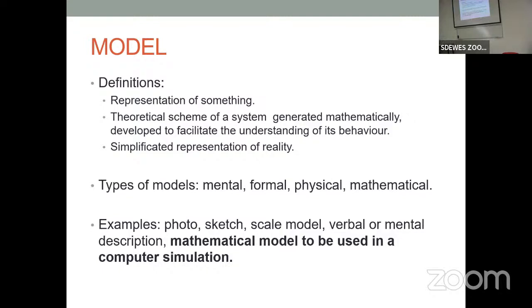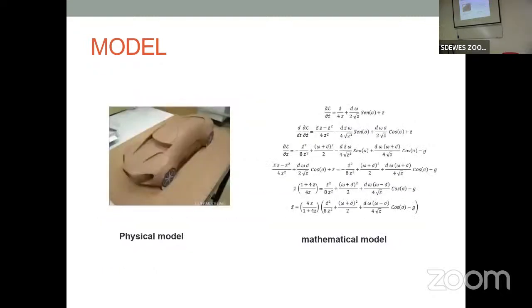So, in our case, we are going to develop a mathematical model with the final aim to simulate the model in a computer. So, some of the principles of the mathematical model will be just to be able to get simulated in a computer. Okay? So, does it mean that it should be discrete and so on?